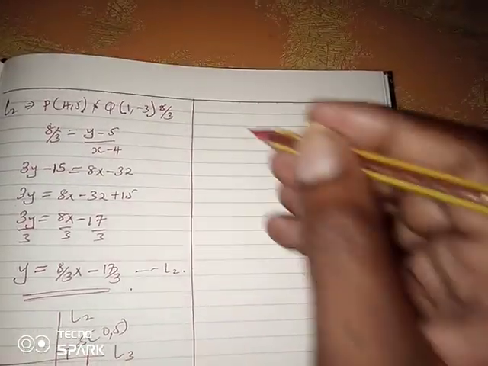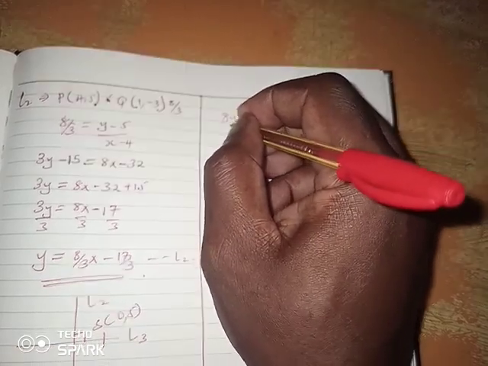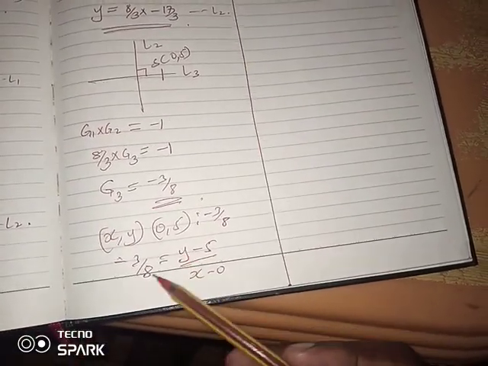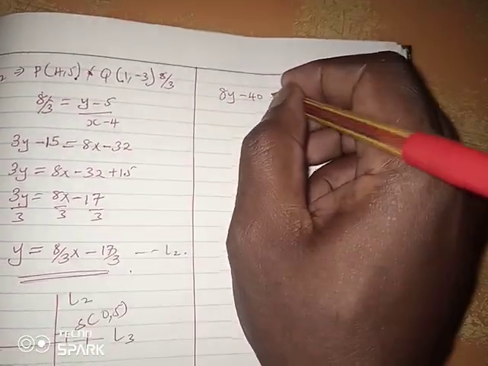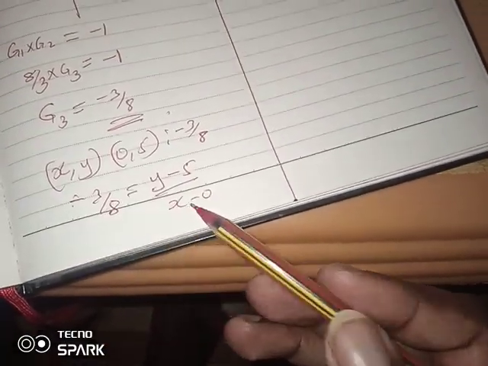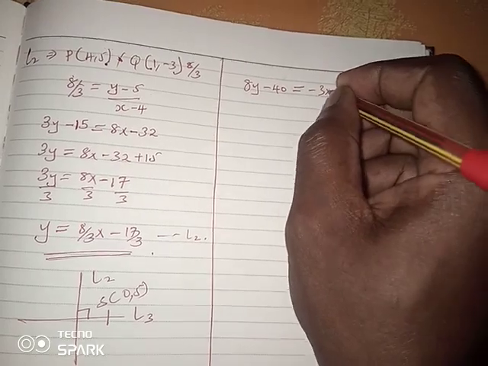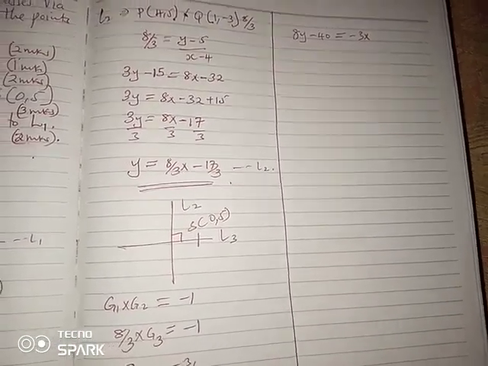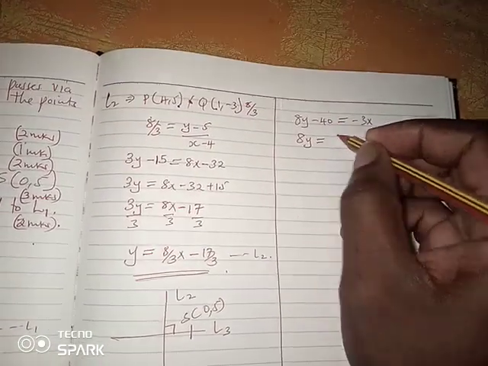Cross multiplying, we have 8y minus 40 equals negative 3x, since negative 3 by 0 is still 0.